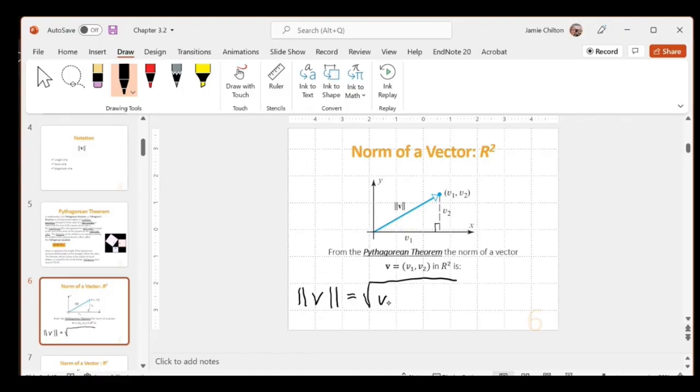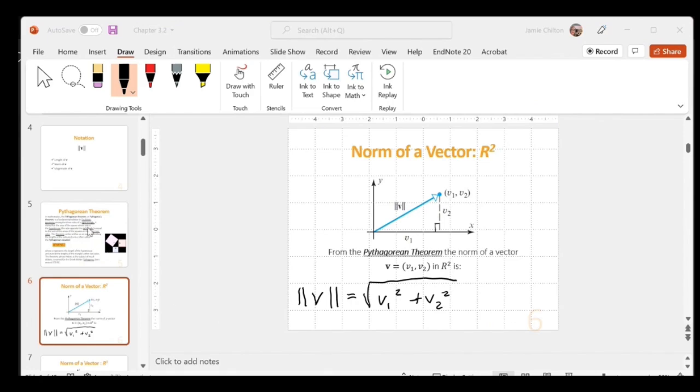So to get the length of the hypotenuse here, you'd have the norm of V squared equal V1 squared plus V2 squared, but then to actually get that length, you'd have to take the square root. So don't forget that.